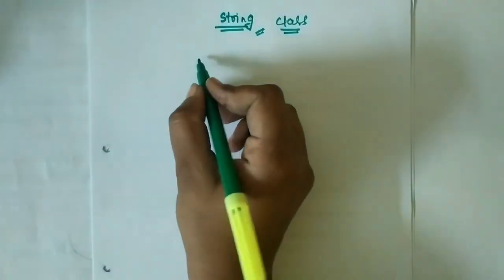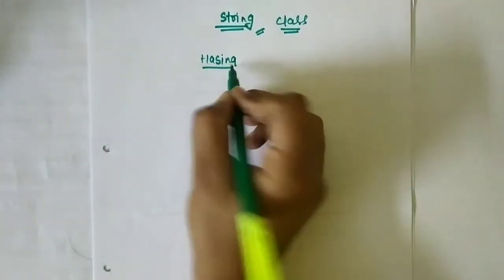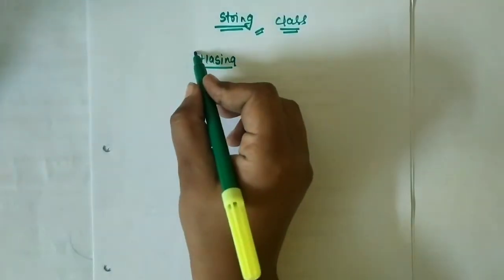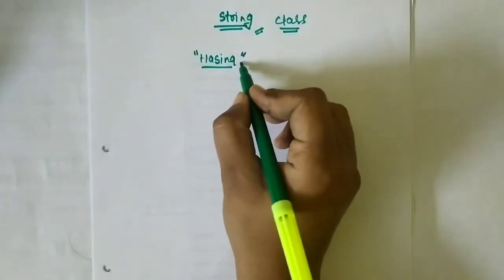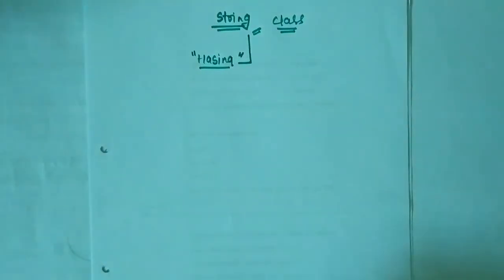Suppose I write here my name, Hasina. When I write it within double quotes, this is a string. A string means a group of alphabets, a group of numbers or single numbers, all within double quotes.